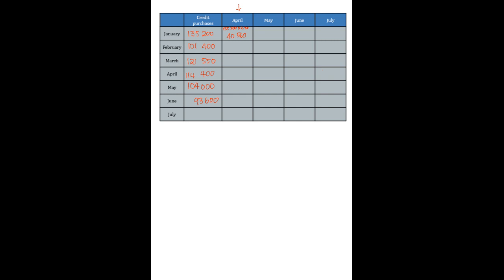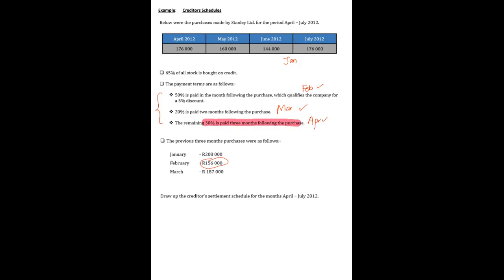Then for February, again, the same thing. We're going to look at if we purchased in February, is there anything that we would only be paying for in any of the months April, May, June, July? So let's look at that. If the purchase took place in February, then 50% would be in March, 20% would be in April, and 30% in May.